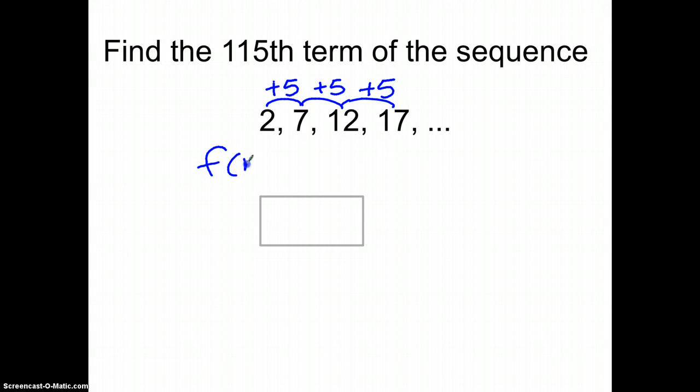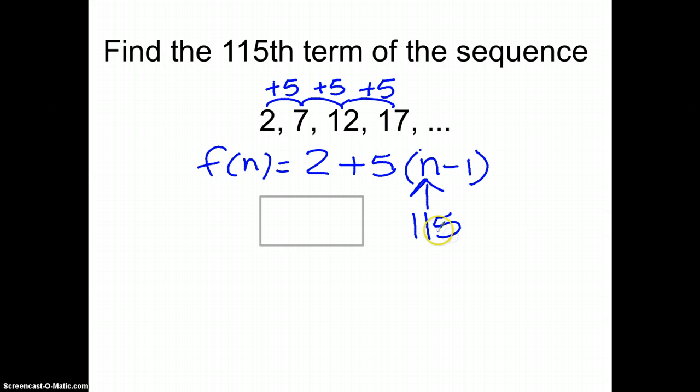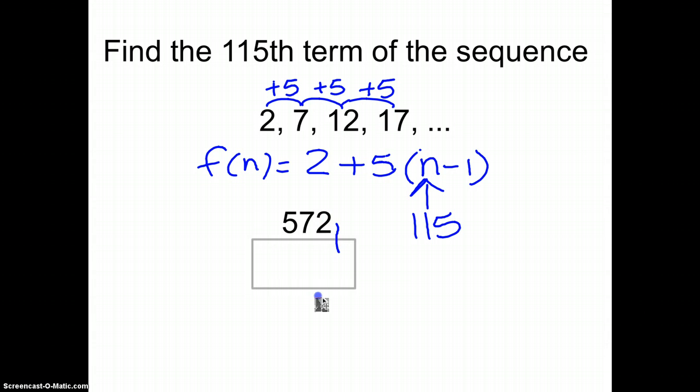So we're going to have f(n) equals the first term, adding 5, and repeated addition is multiplication, so we'll have n minus 1 that's multiplying. And if we put in 115 for n, our answer is going to be 572.